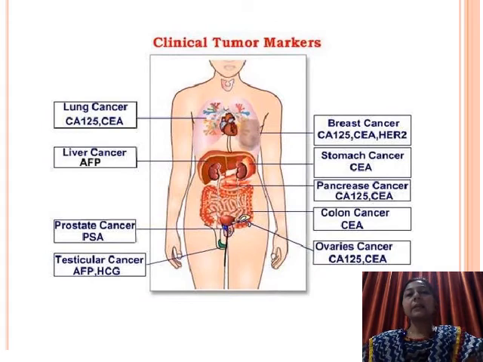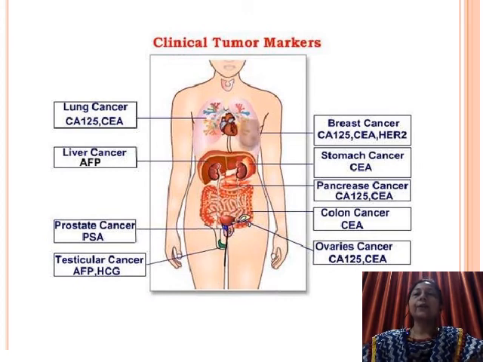We can see whether a therapy is effective or not, and if the markers are upregulated, we come to know that this is related to relapse. So the tumor marker is an important diagnostic aid for cancer and for the therapeutic response.